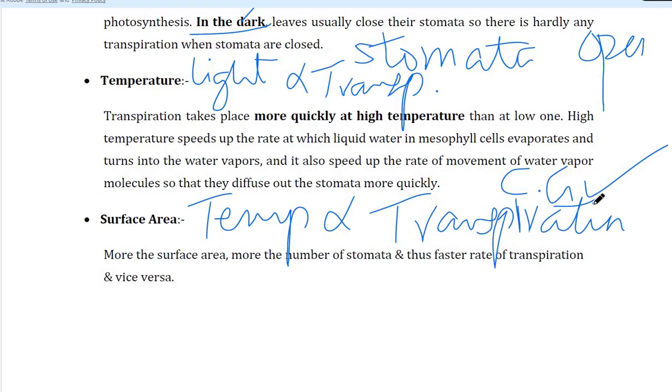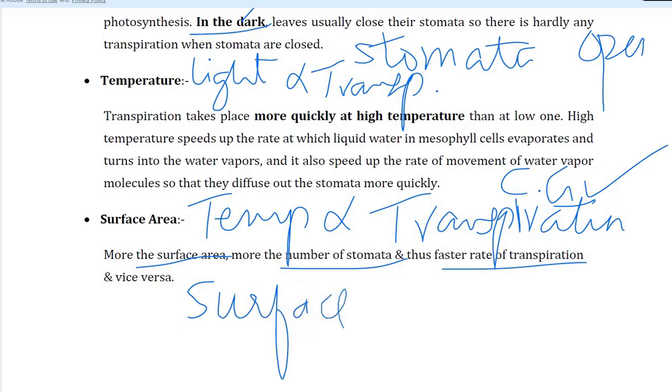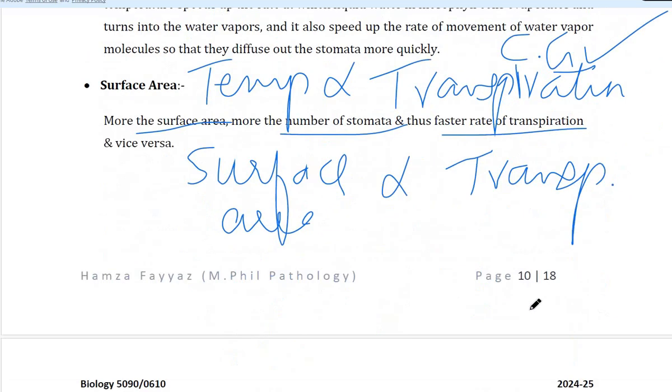And the last one is surface area. More the surface area, more the stomata, more the transpiration. Lesser the surface area, lesser the stomata number, and lesser the rate of transpiration. So surface area is also directly proportional to the rate of transpiration.